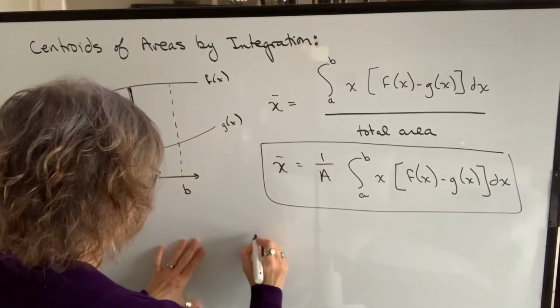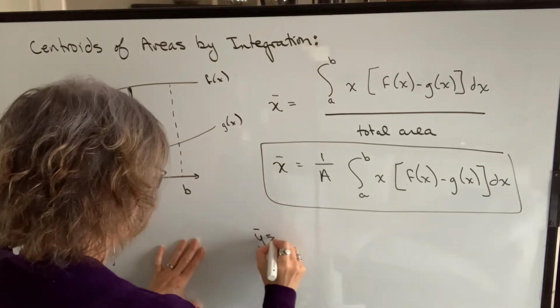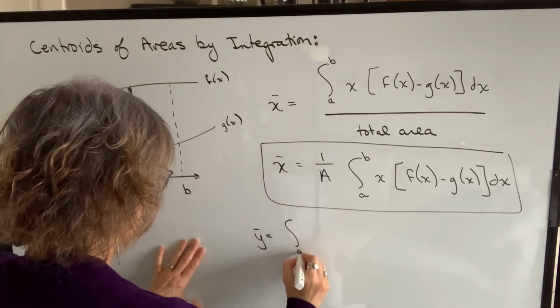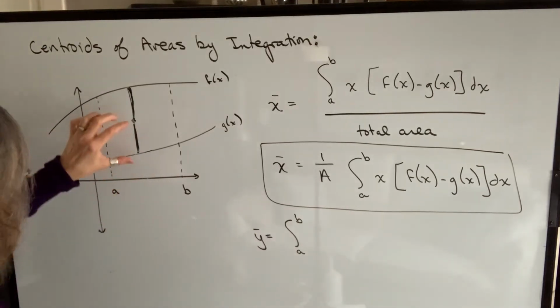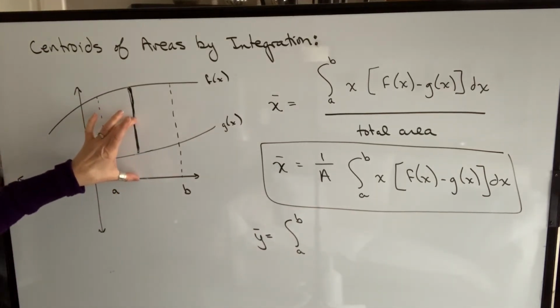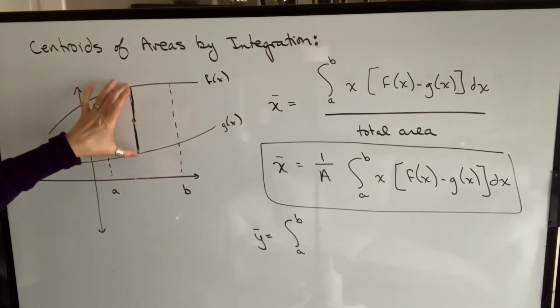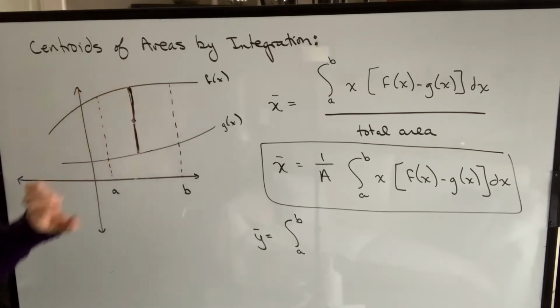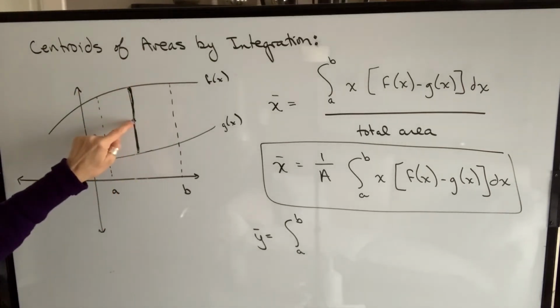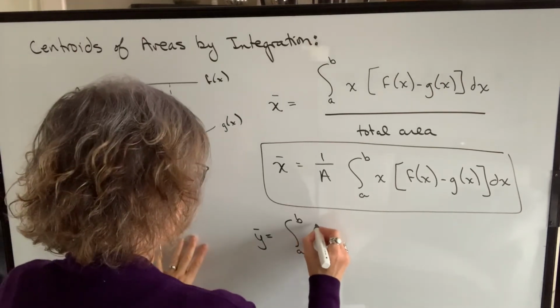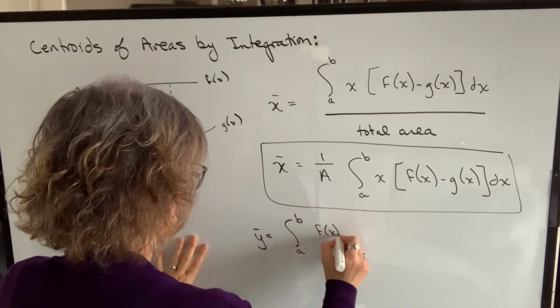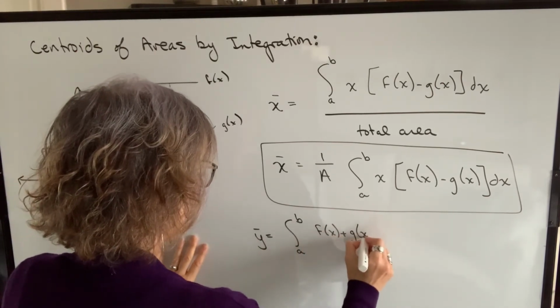So the distance to the x-axis will actually be the average of f of x and g of x. It's the point right in the middle of those. So I can write that average as f of x plus g of x divided by 2.